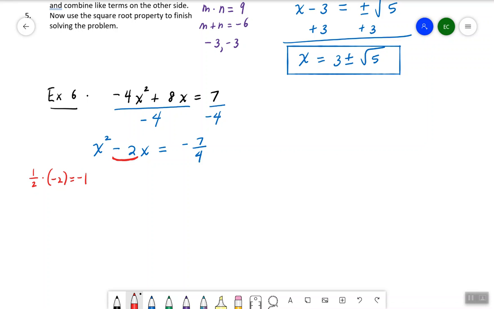In this case, half of negative 2 is negative 1, and then we want to square that negative 1 and get positive 1. And so that positive 1 is what we need to add to both sides of the equation. So we'll have x squared minus 2x plus 1 is equal to negative 7/4 plus 1.